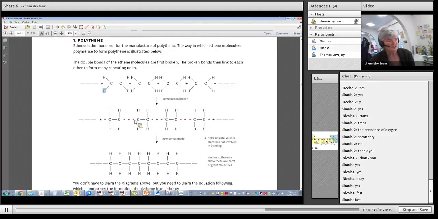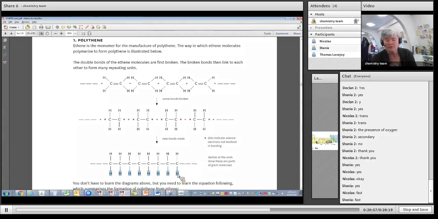So when this all connects up, all of these are going to be fluorines, okay, and not H's. And that would be your polytetrafluoroethene polymer.